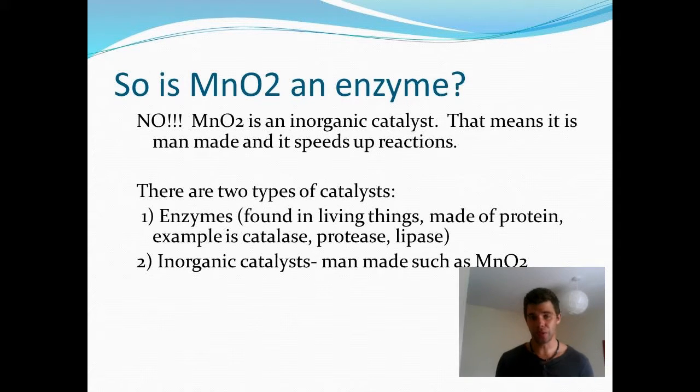While it is capable of breaking down hydrogen peroxide into water and oxygen, it is not organic, therefore it is not an enzyme. An enzyme specifically is an organic molecule, a protein, polypeptide, that is capable of breaking down hydrogen peroxide into water and oxygen. Manganese dioxide is inorganic, it's man-made. They both do the same job, but one of them is an enzyme, catalase, and the other is not.